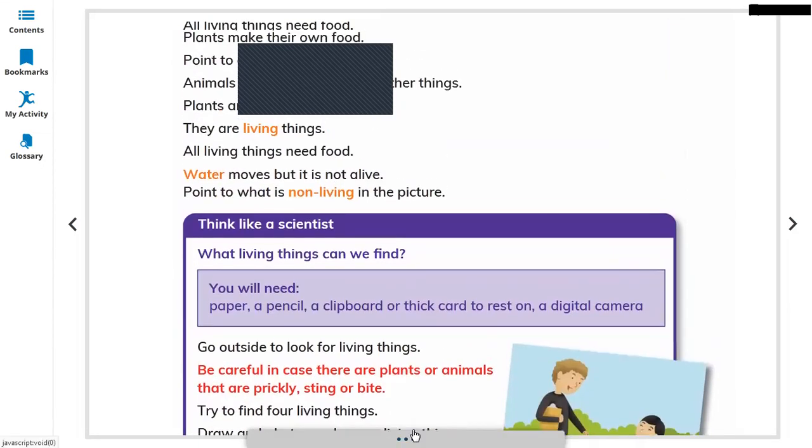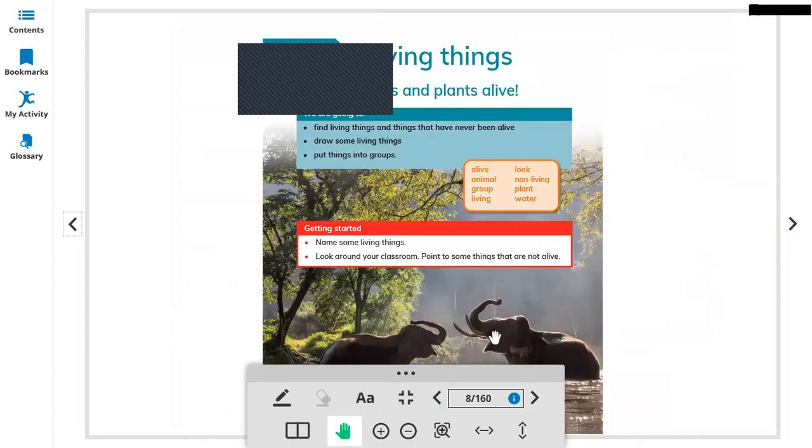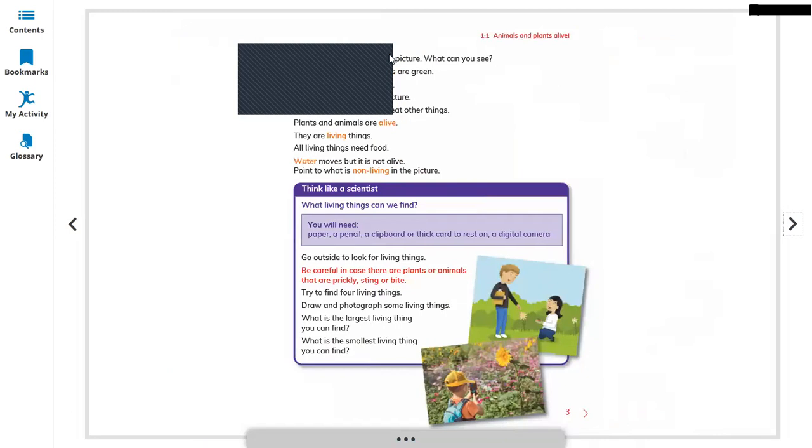Okay, next, what does it say? Animals. Point to an animal in the picture. Animals move around and eat other things. Here in the first picture, you have seen animals; they can move, and they can eat other things.